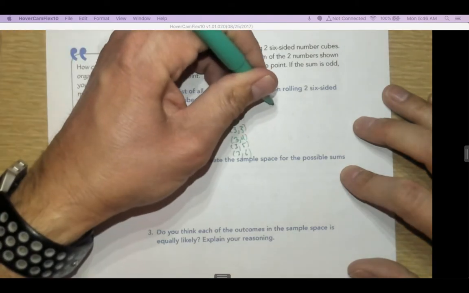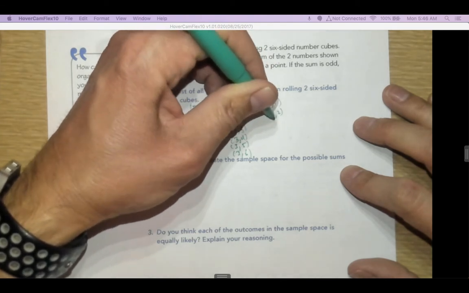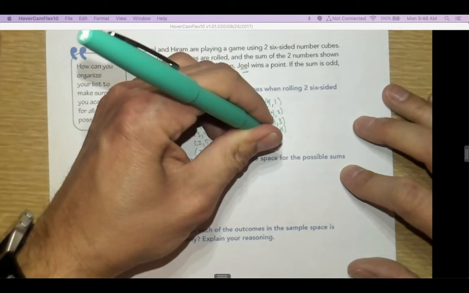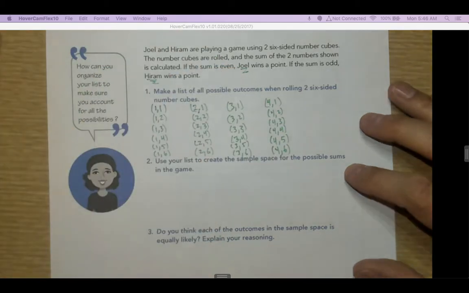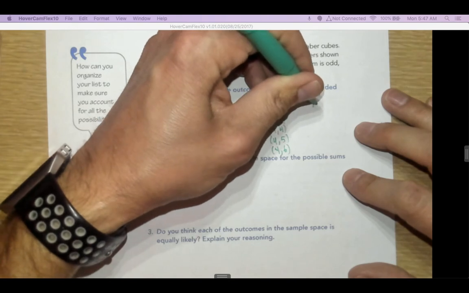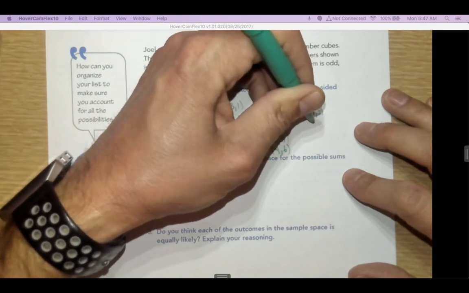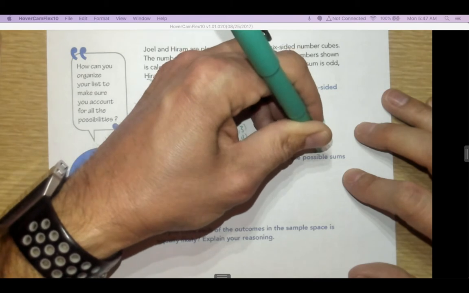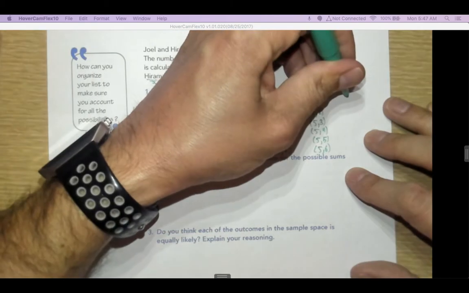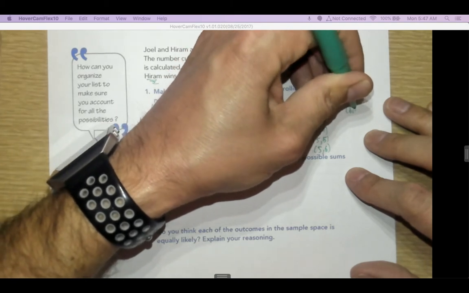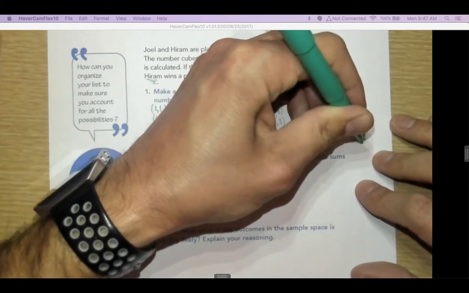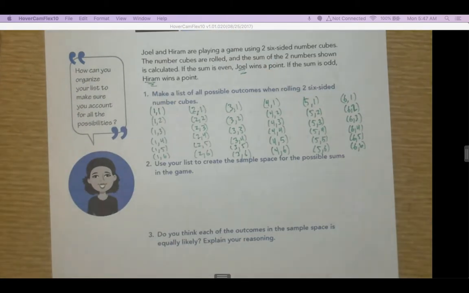Okay. Getting there. And last. Okay, so this would be all of our possible outcomes, or what we could roll.